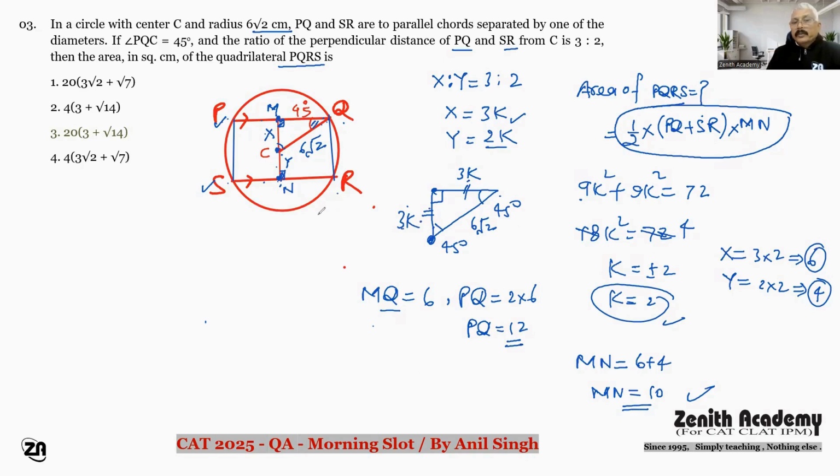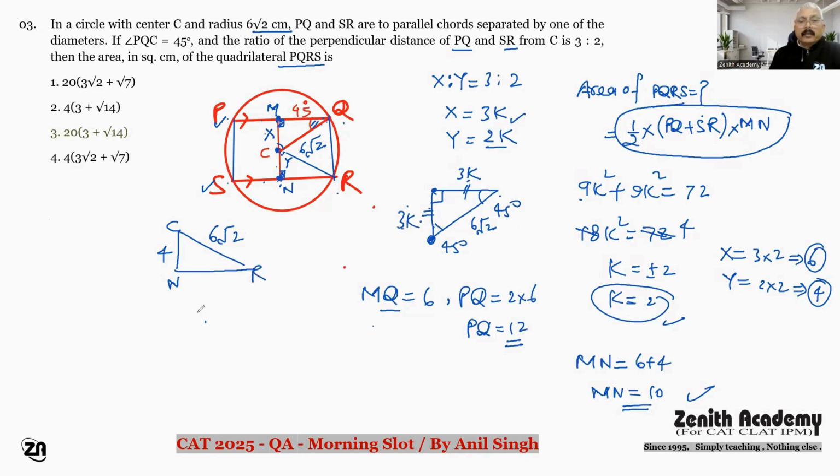Now you have to calculate the length of SR. For this purpose, you know CN is y, which you have just calculated as 4. So if I take this triangle, CN we have calculated as 4, and here this radius is the same, CQ is equal to CR, because it is the radius of the same circle. So this is equal to 6 root 2. So we can find this NR.